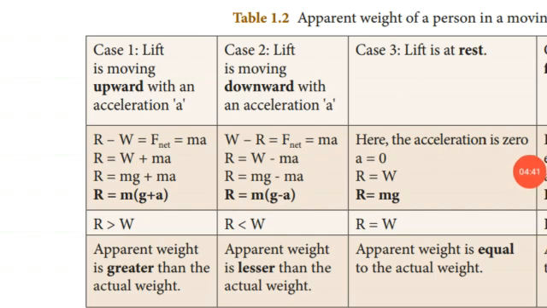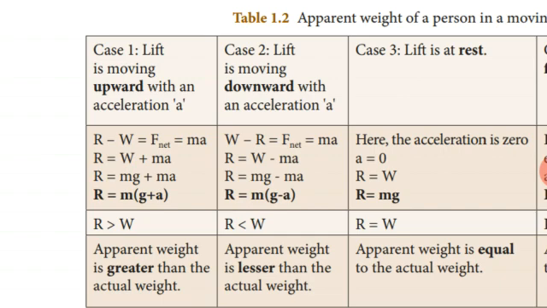See case 1. Lift is moving upward with an acceleration a. We already know, when 2 or more forces act on a body, the resultant force is equal to greater force minus smaller force. Here R minus W equal to F net equal to ma. F equal to ma, this is from Newton's second law of motion.